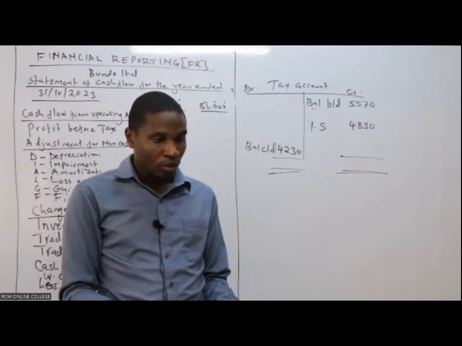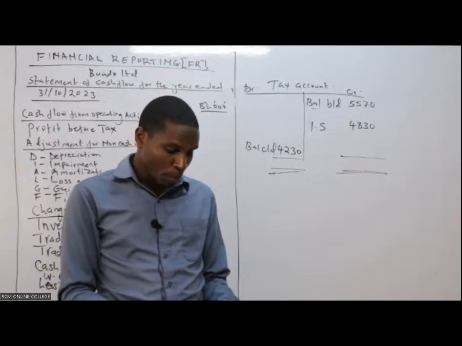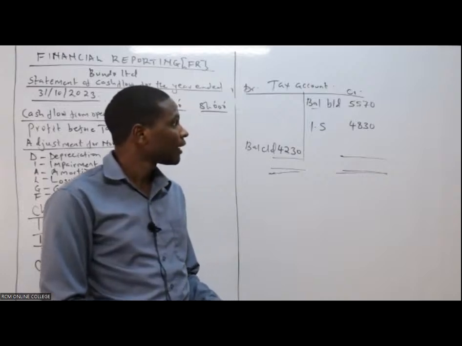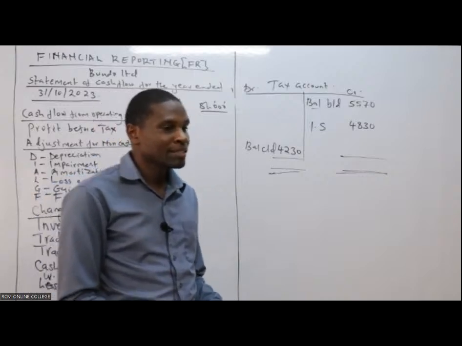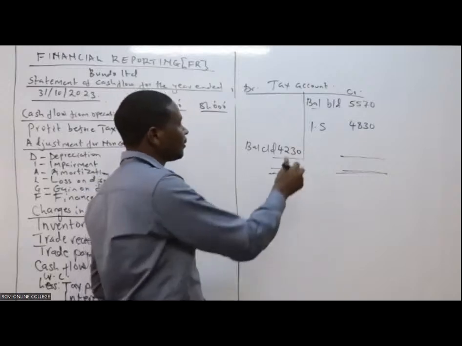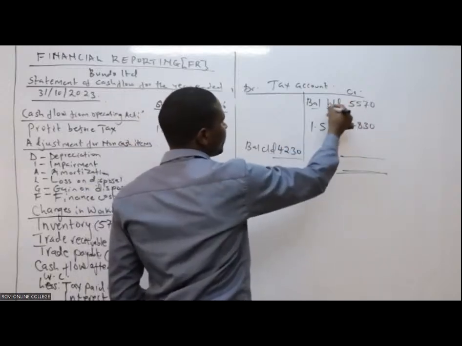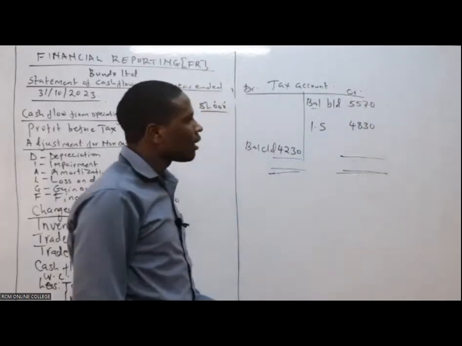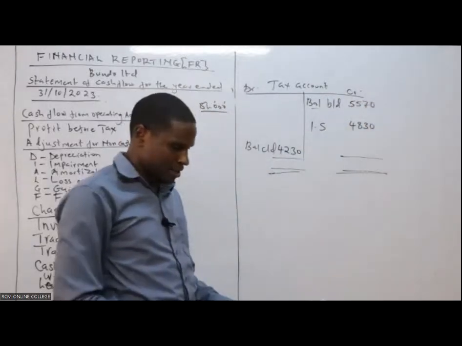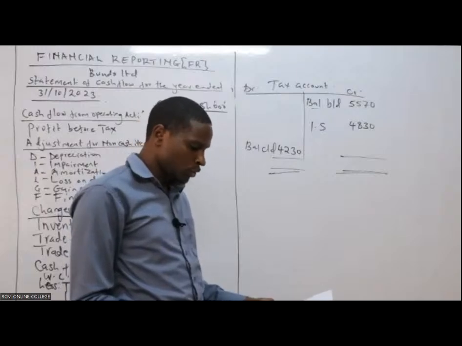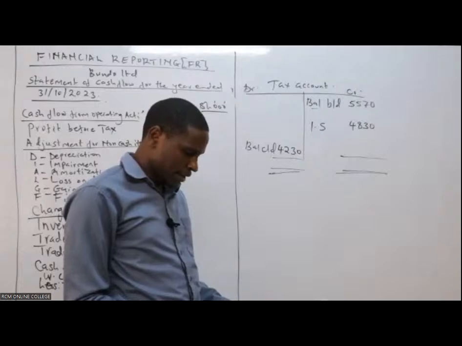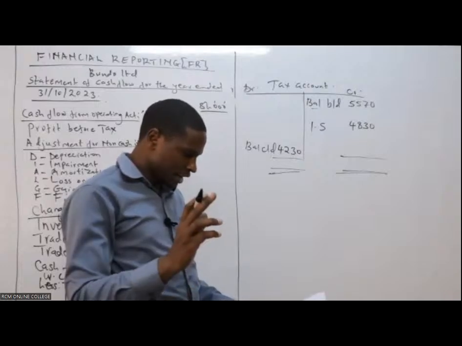Oh, there's something, nimeona. Kumbe tulikuwa mpaka na deferred tax. Nipatie mpaka hizo balances za deferred tax. Deferred tax hii ni ya current tax. Nipatie balance brought down ya deferred tax. Hii ilikuwa moto hii. This was fire. Nipatie hiyo ya deferred tax.